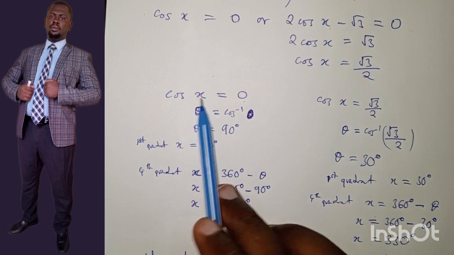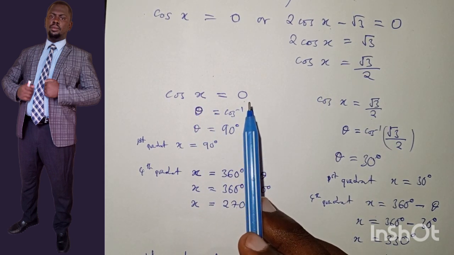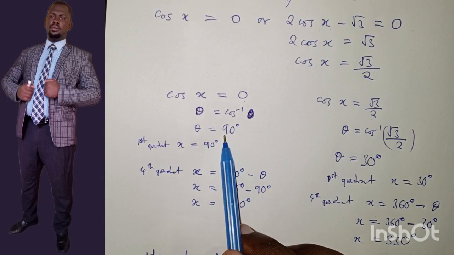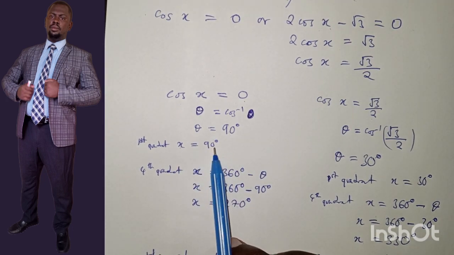Now since cos x is positive, you take the values from the first quadrant and the fourth quadrant, and this same value is part of the solution set because it is the value in the first quadrant. So x is equal to 90 degrees.